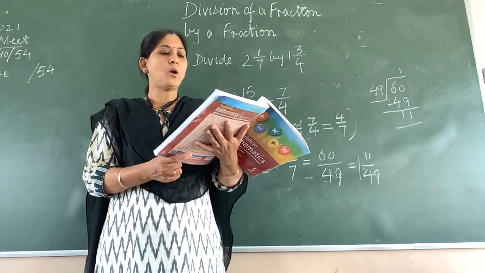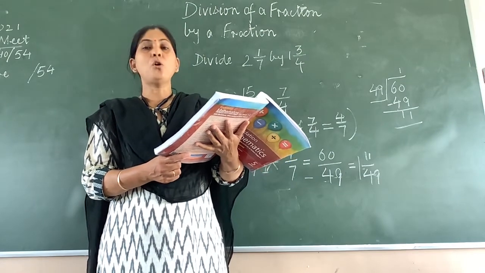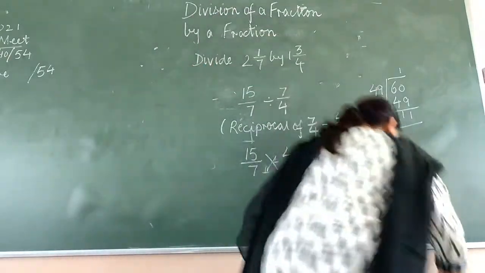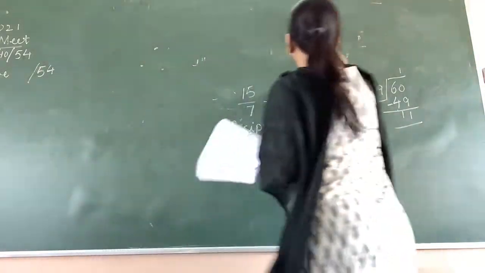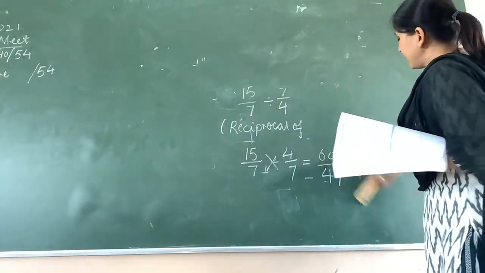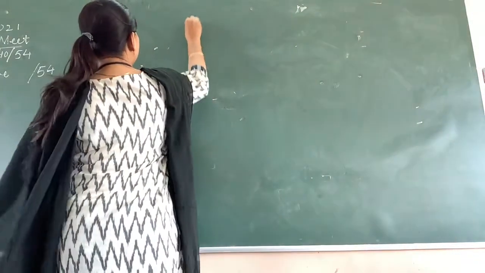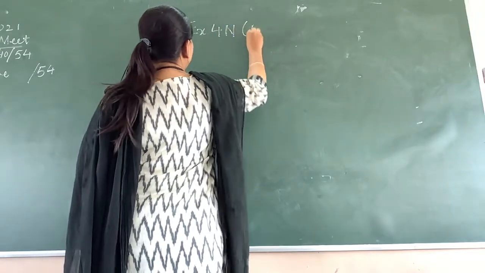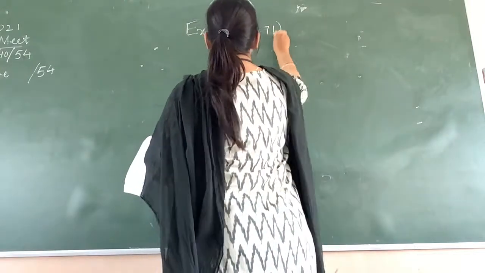So what will be your homework? From question 1 to 22 of exercise 4n. Let me write down the homework, children. These sums you can practice in your rough notebook. See, exercise 4n, which is on page number 71.